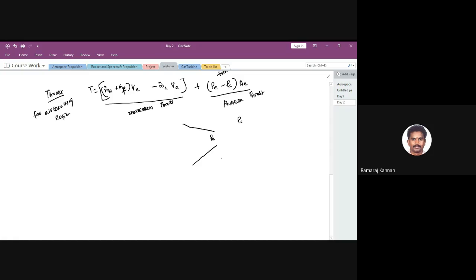While solving the problem, we'll look at whether the nozzle is choked or unchoked. Nozzle is choked means the Mach number at the exit is going to be 1, that is, at the throat it's going to be 1, because the throat is nothing but the minimum area. So your mass flow rate is going to be maximum.